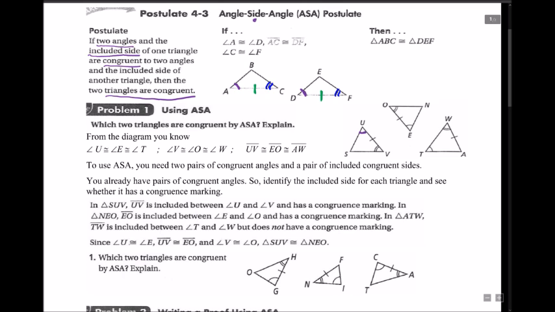We have one angle, 2 angle, 2 angle, and we have a side and a side and a side. So all 3 of our triangles have 2 congruent angles and 1 congruent side.